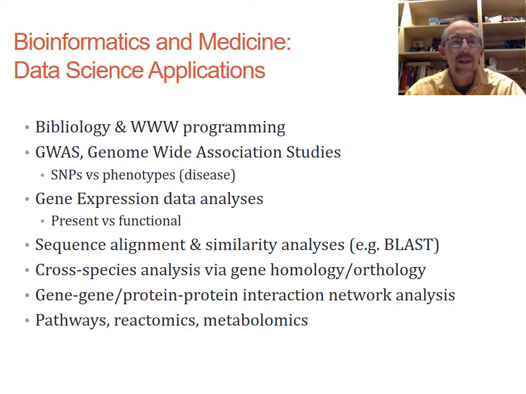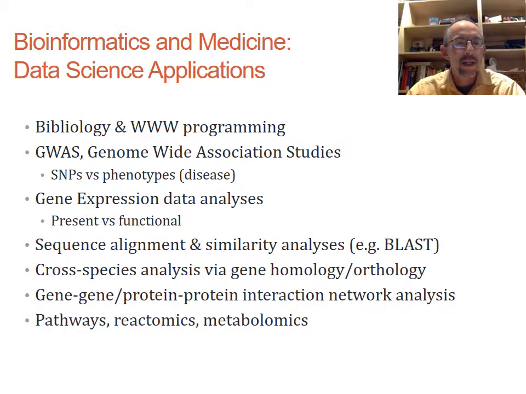A particular kind of analysis is called GWAS, or Genome-Wide Association Studies. Typically what we're doing is sequencing an entire genome of an individual or a cell and looking for the single nucleotide polymorphisms, SNPs, and trying to associate those with some phenotype, typically comparing a diseased tissue with a normal tissue.